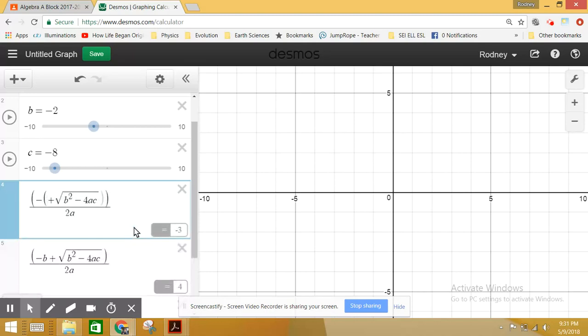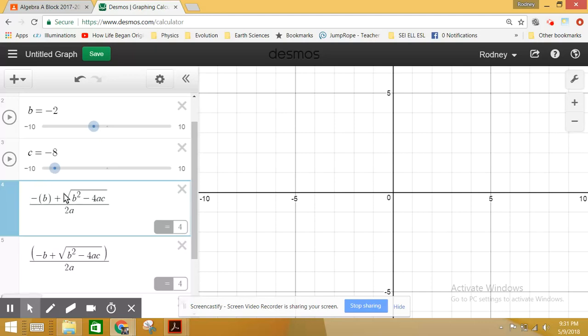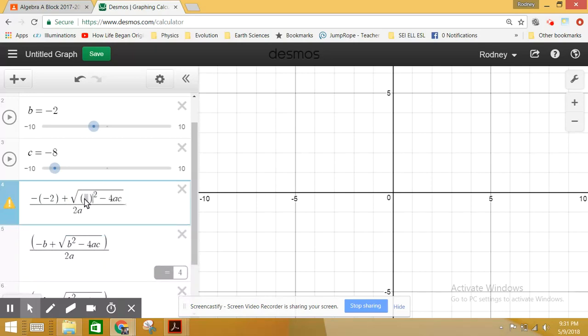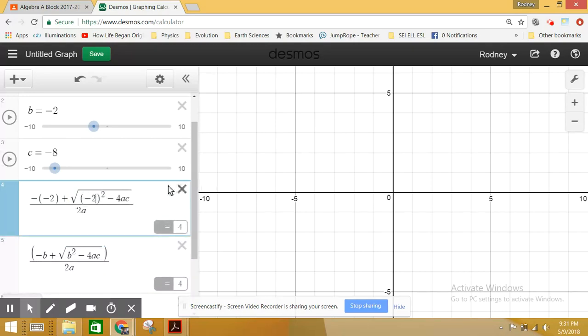One way to think of the negative b in the beginning is to remind yourself that I'm getting the negative of whatever my b coefficient is. So what I'm going to do is replace b with what I've got here. That becomes negative of negative 2. Then here, I put a negative 2 inside there. That's negative 2 squared.